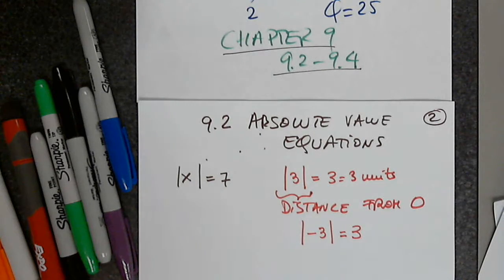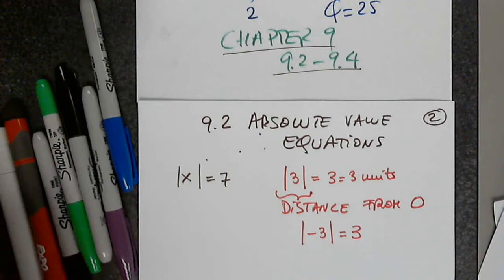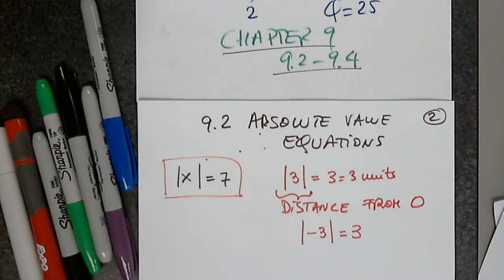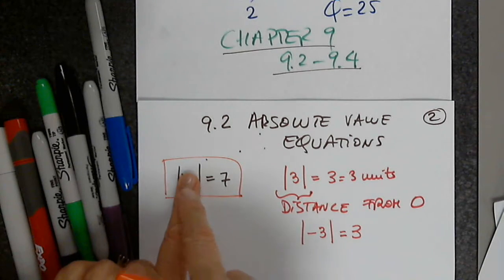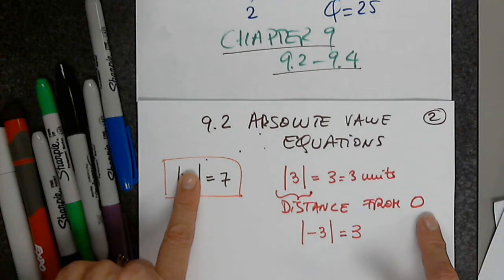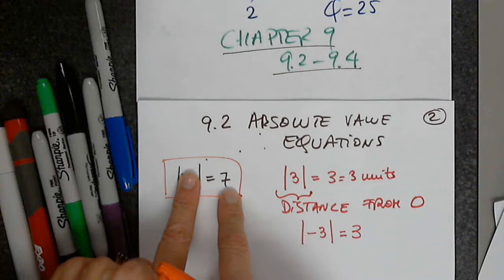Good. So coming back to our task at hand, which is this. Assuming you're giving me this equation to solve, this is what goes to my mind. I'm asked to find numbers x whose distance from 0 is 7 units.